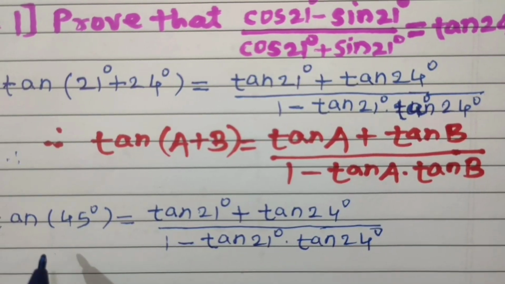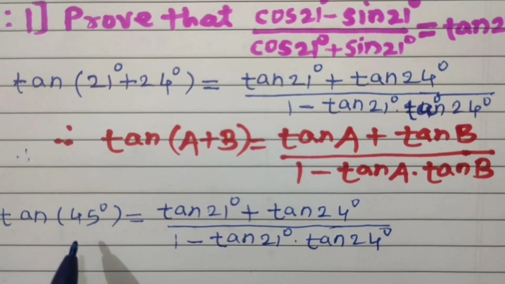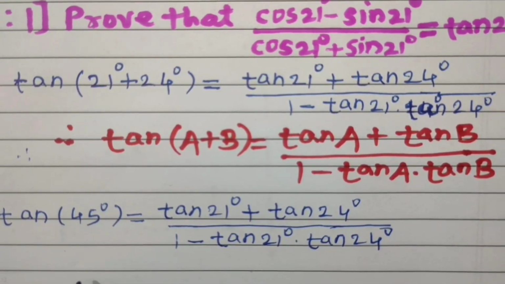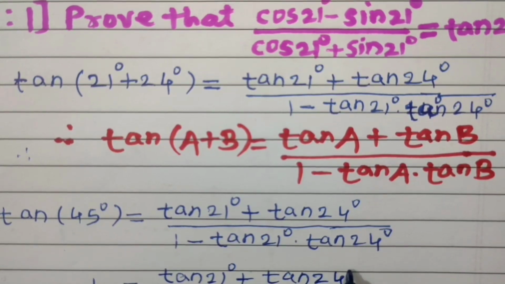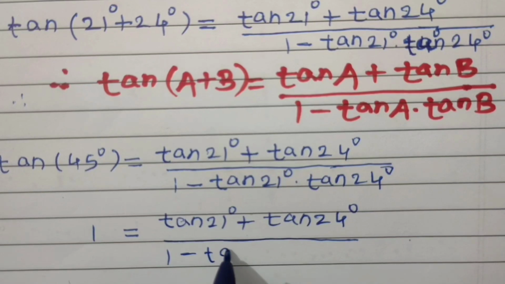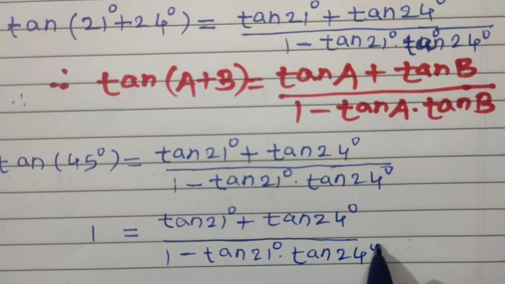Now left hand side tan of 45 degree is equal to 1. So left hand side becomes 1 is equal to tan of 21 degree plus tan of 24 degree divided by 1 minus tan of 21 degree into tan of 24 degree.